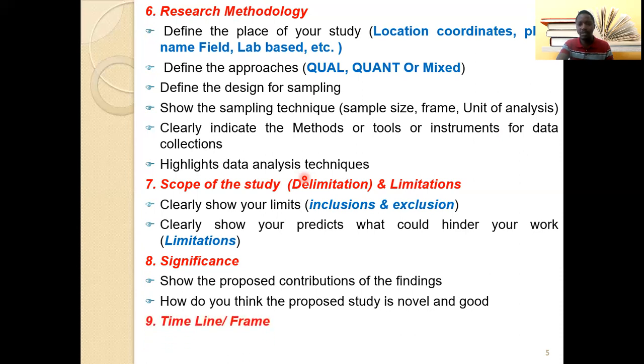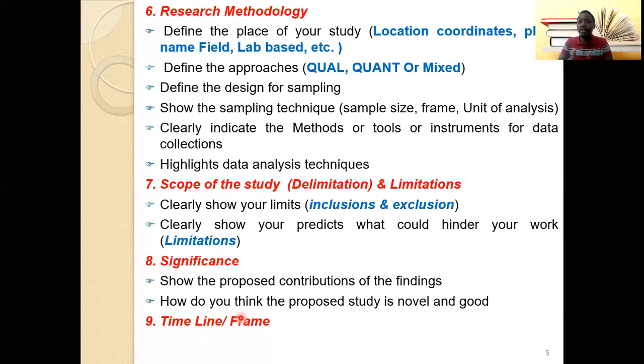These are some of the important components that you need to take into consideration while doing this research proposal. And then we'll have the time frame or the timeline. Please tell us: from this particular time to this particular time, maybe I'll be doing the literature review.